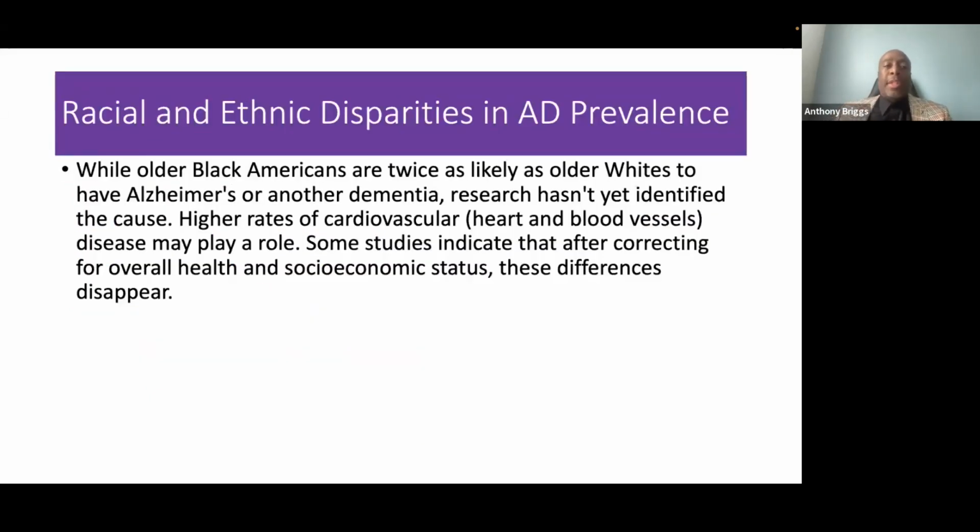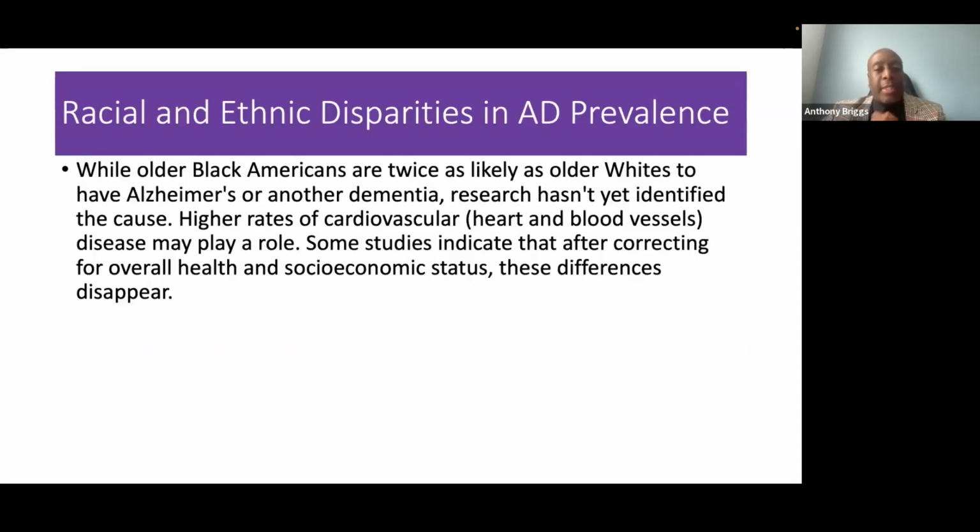When we look at the racial and ethnic disparities in AD prevalence, older Black Americans are twice as likely as older whites to have AD or other dementias, but research hasn't yet identified the etiology and drivers.